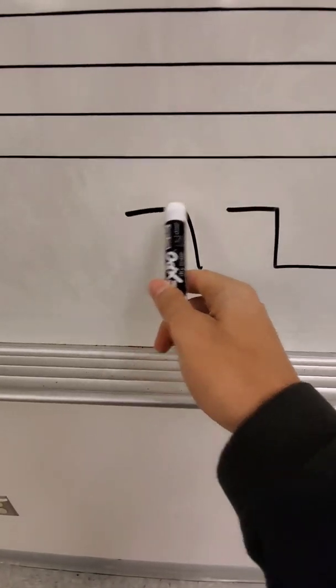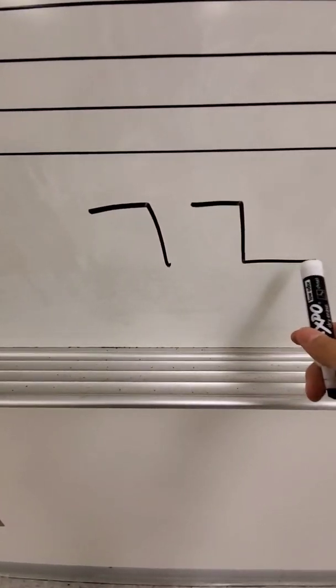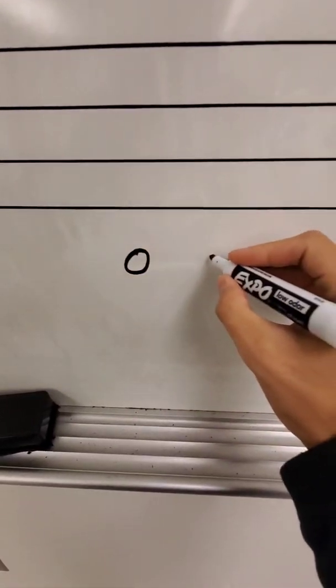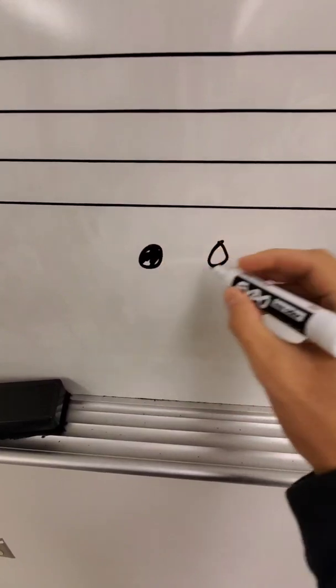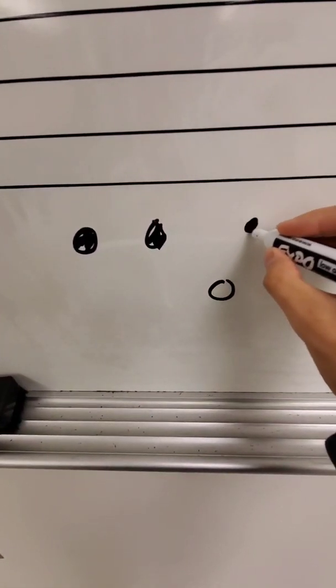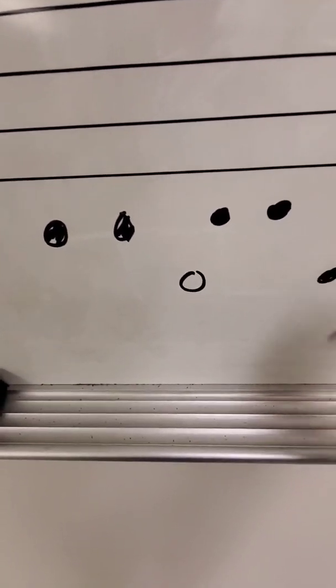I'm going to write them out here so that we can see what it looks like combined. Let me draw it out a little bit better. These are black keys. Oops, that's a white key.